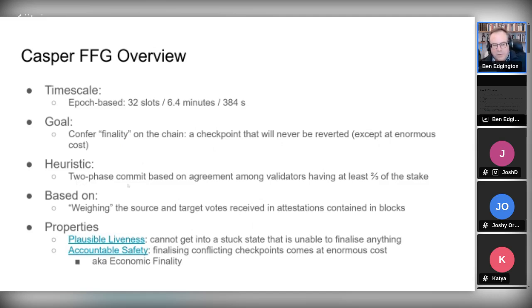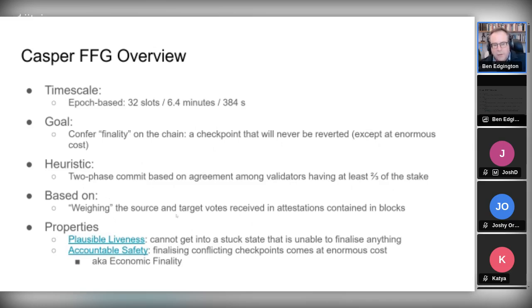And it uses a two-phase commit. Alex talked about this, I think, in his presentation, which is a classical consensus mechanism approach. Among validators, we need at least 2/3 of the stake to be honest. As long as that's the case, we can achieve finality. We'll talk about that a little more.